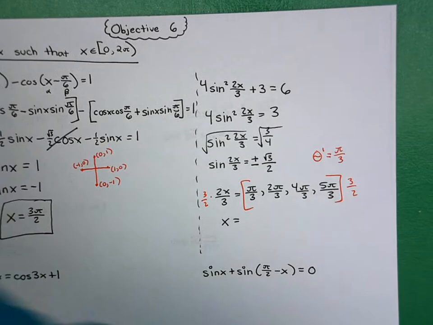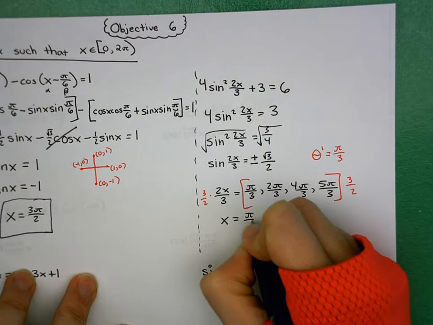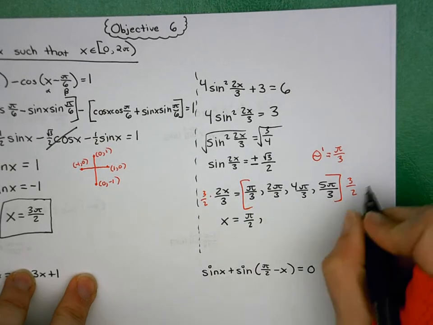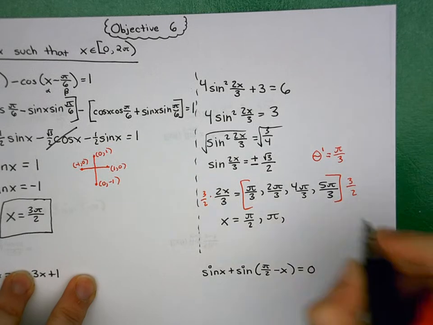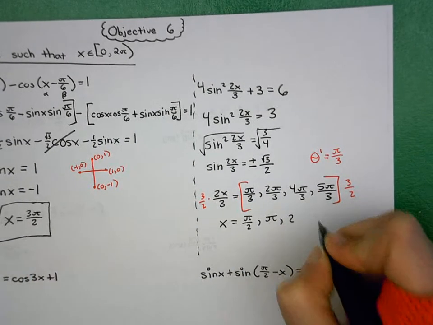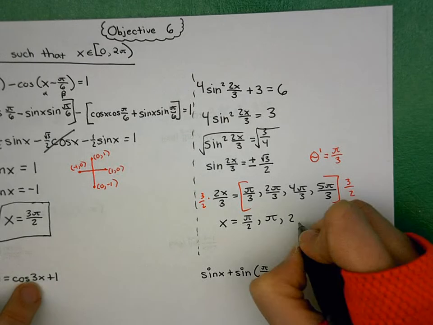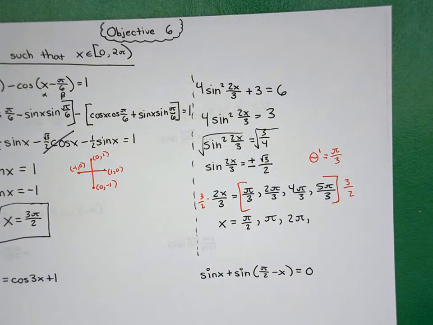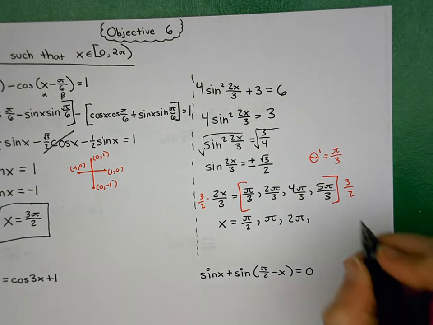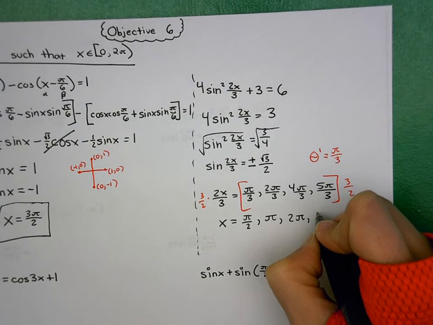And so then pi over 3 times 3/2 is pi over 2. 2 pi over 3 times 3/2 is pi. 4 pi over 3 times 3/2 is, excuse me, 2 pi. And then 5 pi over 3 times 3/2 would end up being 5 pi over 2.